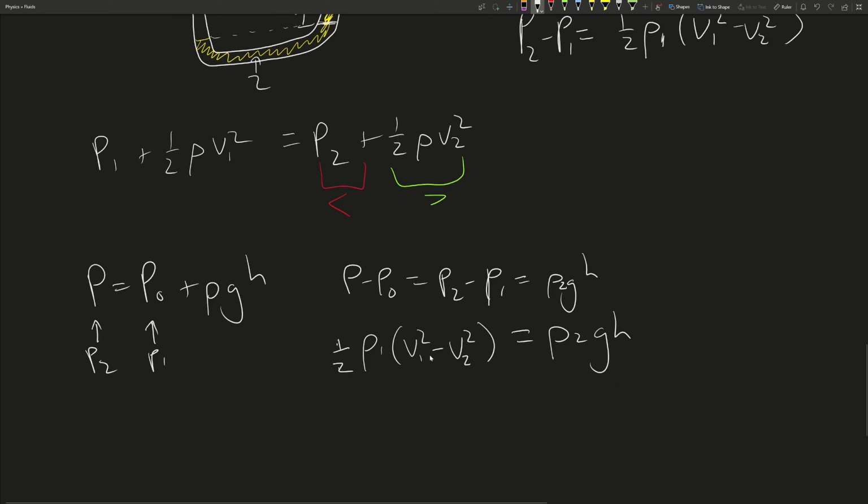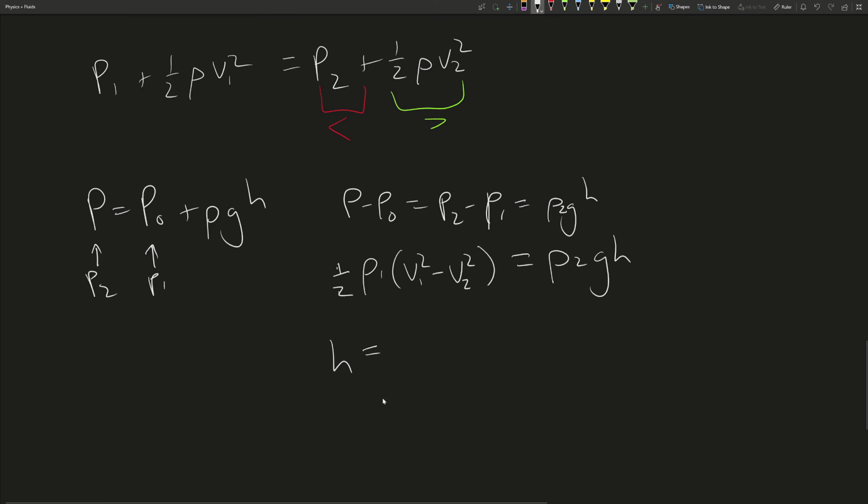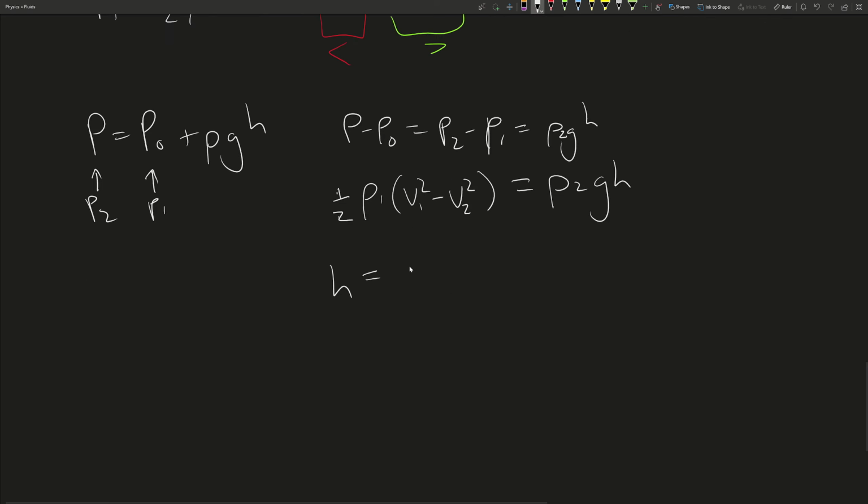And so solving this, we get h is equal to rho 1 times v1 squared minus v2 squared over 2 times rho 2 times g.